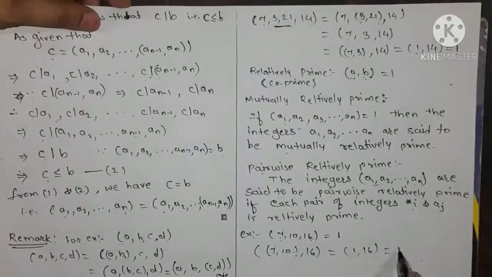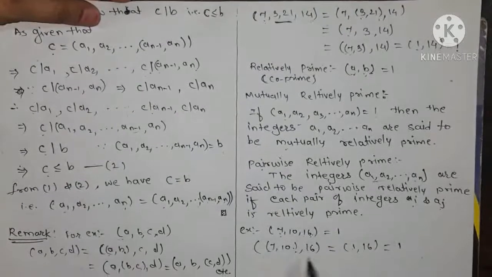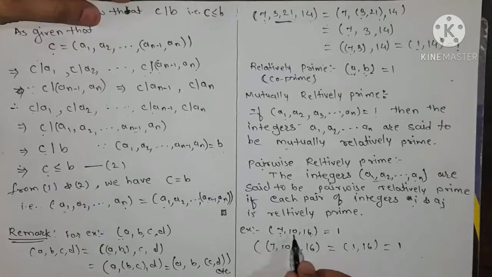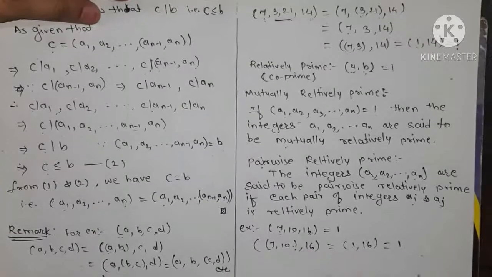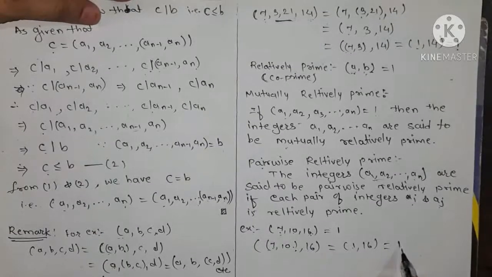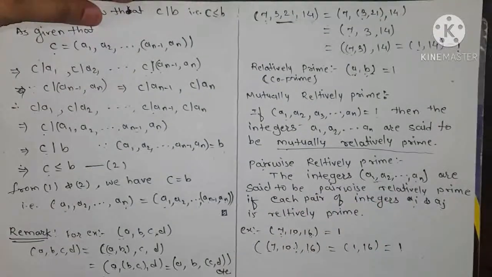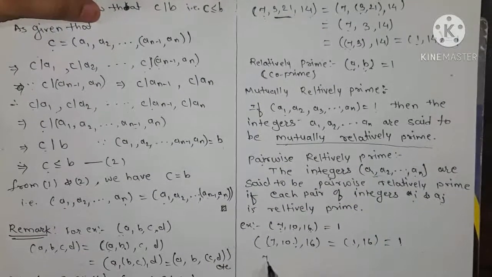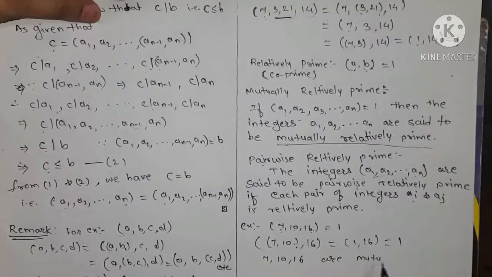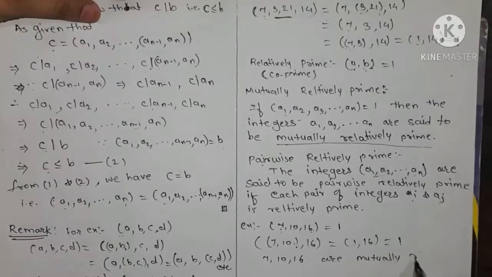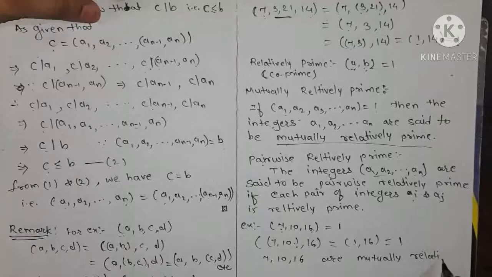Now the GCD of 1 and 16 is 1. So we call 7, 10, 16 mutually relatively prime integers.